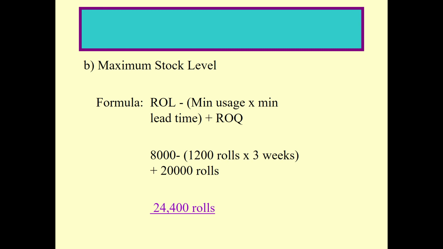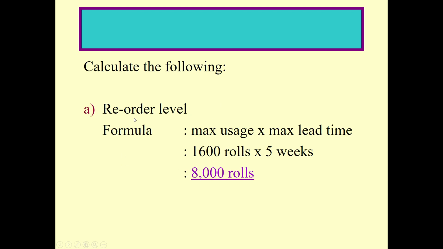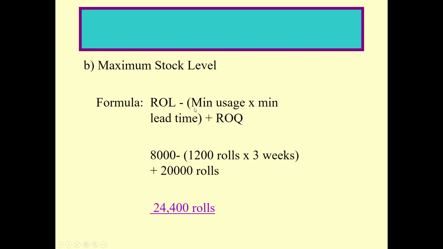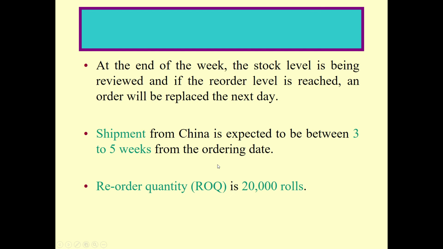Next, to calculate the maximum stock level, the formula that you can use is ROL minus, in brackets, minimum usage time minimum lead time, plus ROQ. So from the answer in A, we know that the reorder level is 8,000 rolls. And the information for minimum usage can be found in the question.